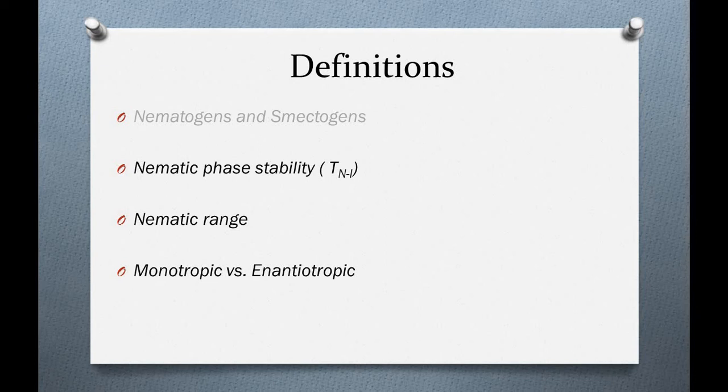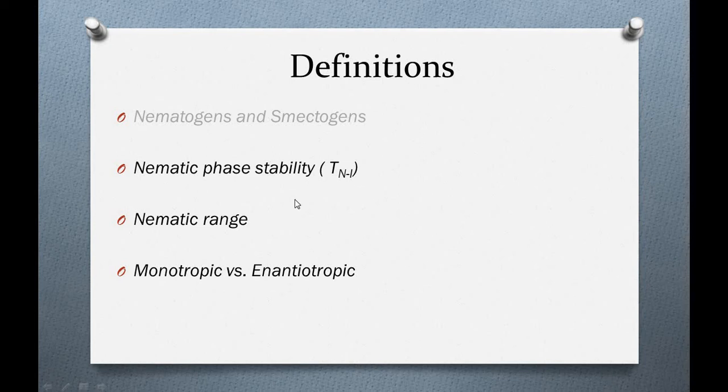Now let us talk about another very important property that is associated with this nematic phase, and that is the nematic phase stability. Okay, so the term nematic phase stability actually refers to the upper temperature limit Tni, that is T nematic to isotropic.